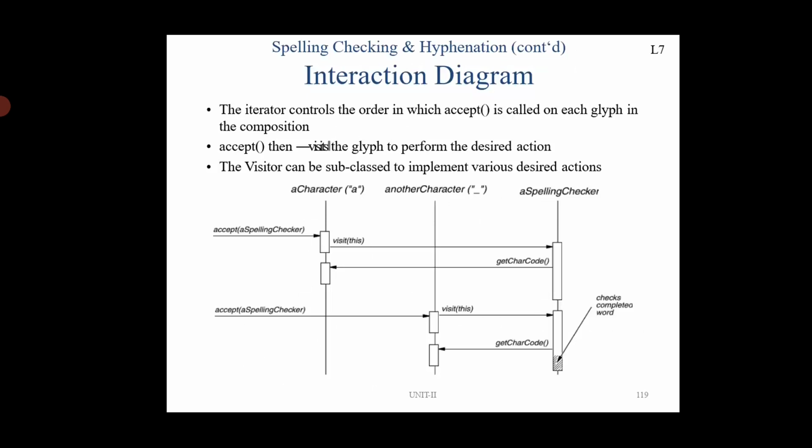Here we are taking the accept function, then we visit the glyph to perform the desired action. So the visitor can be subclassed to implement various desired actions.